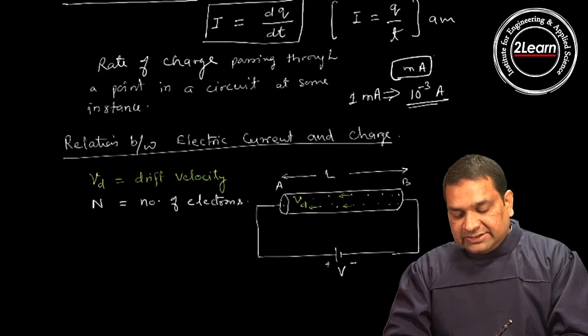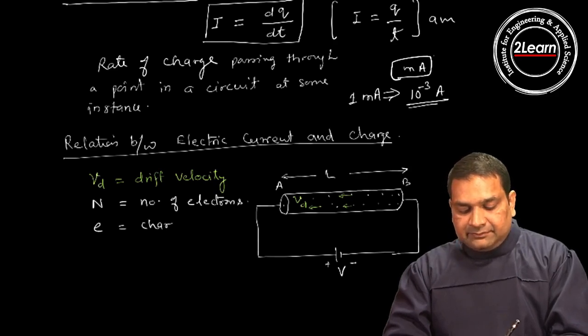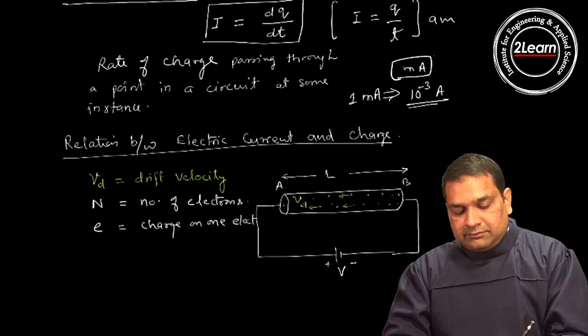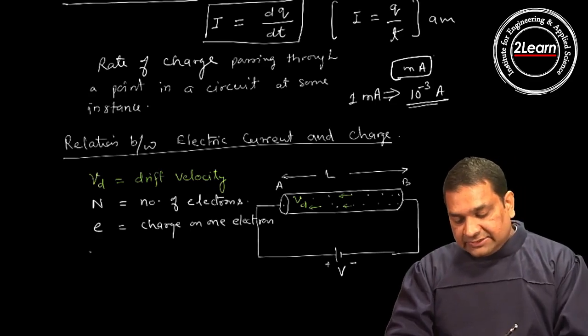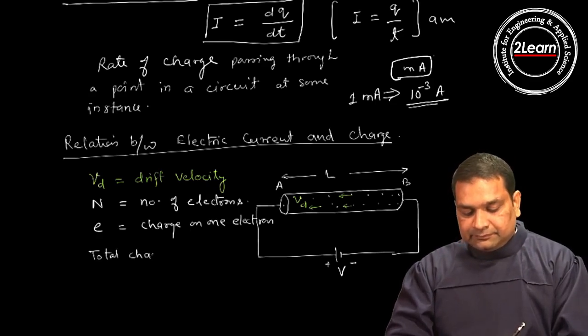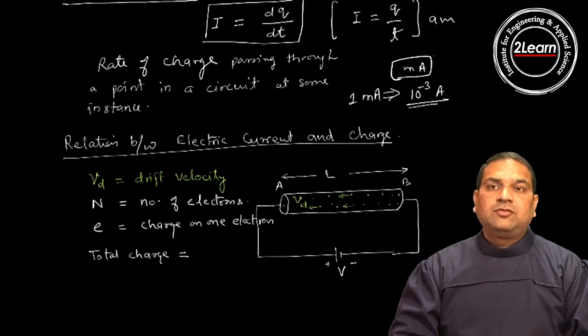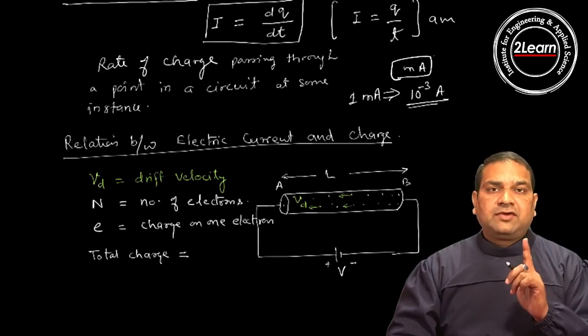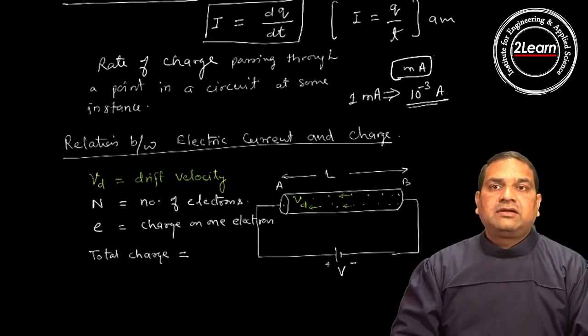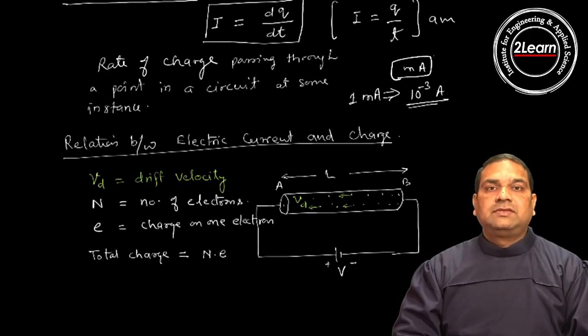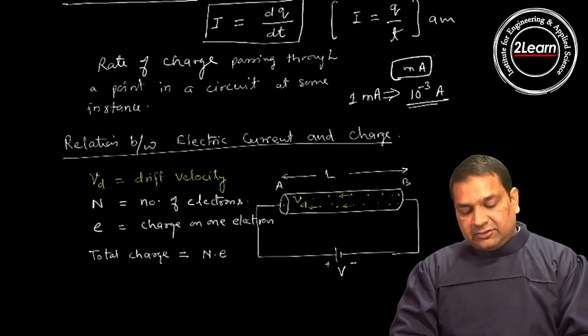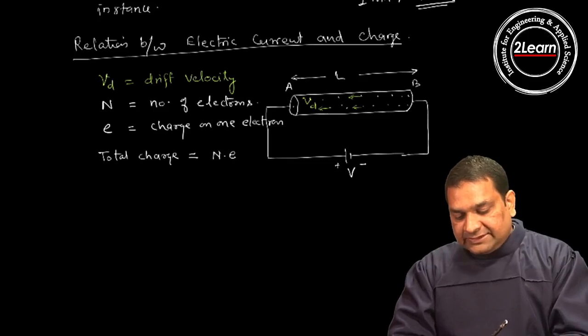The charge on one electron is E. So how much will the total charge be? The charge on one electron is E and there are n electrons, so the total charge is n into E. And what is current?